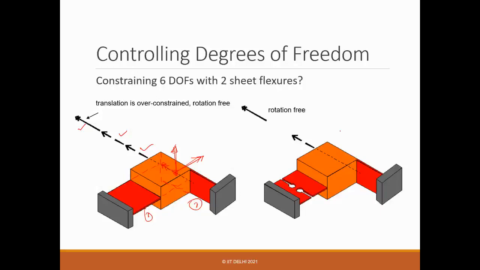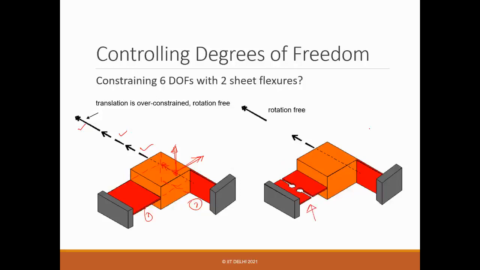So maybe if somebody is a purist and wants to design an exact constraint design, then they will try to get rid of one of them. And how you can do that is by replacing one of these with a flexure, a sheet hole flexure.